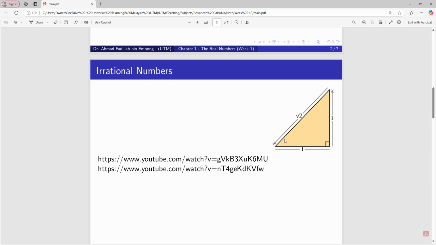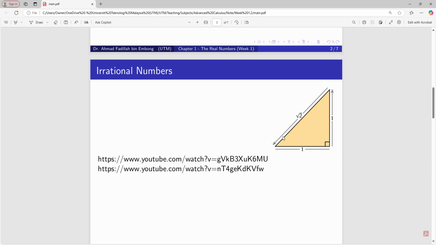But what is the square root of 2? How can we write square root of 2 in terms of a fraction? Somehow, people cannot write square root of 2 as a fraction. People tried and tried, kept on trying, but they could not write square root of 2 in terms of a fraction, meaning some integer divided by another integer.